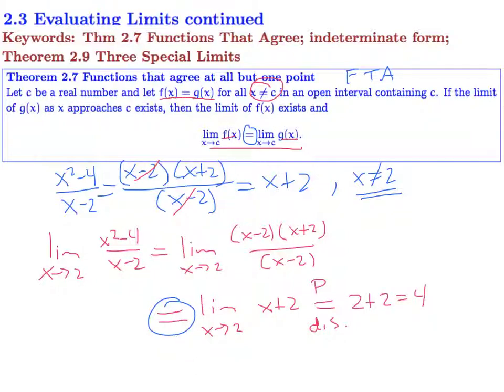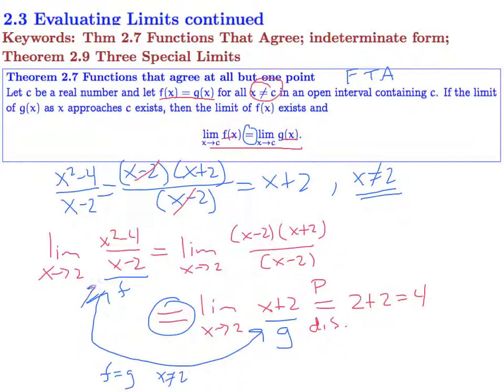What this theorem tells us is we can replace this difficult function here, f, with a simpler function here, g, in order to compute the limit, because these two functions here are exactly the same except at a single point. These two functions are equal except when x equals 2.